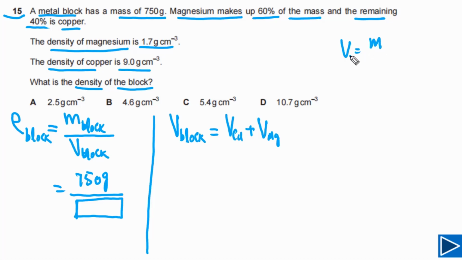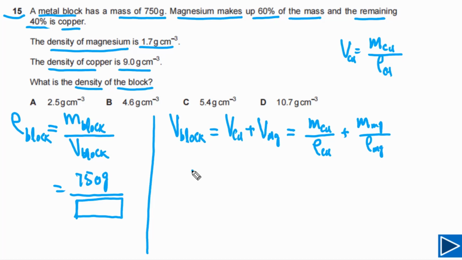For example, to find the volume of copper, we divide the mass of copper by the density of copper. So the volume is equal to mass of copper divided by density of copper, plus volume of magnesium, which will be equal to mass of magnesium divided by density of magnesium.